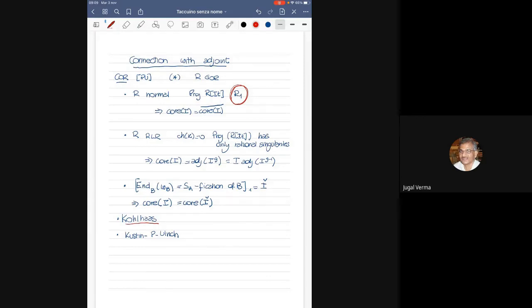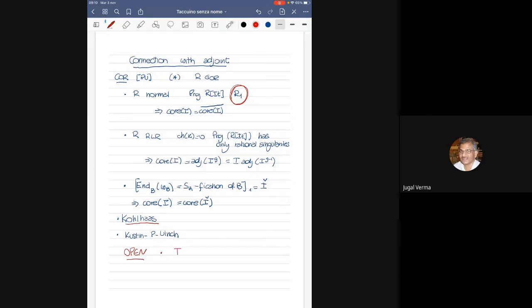So R1 holds if and only if the core is the adjoint, and the core is integrally closed. I think what's open, even in that case, even for monomial, is actually a nice open problem, because she proved it only if I has a monomial reduction. So it's still open, if you want. This is an open problem for people to work on.